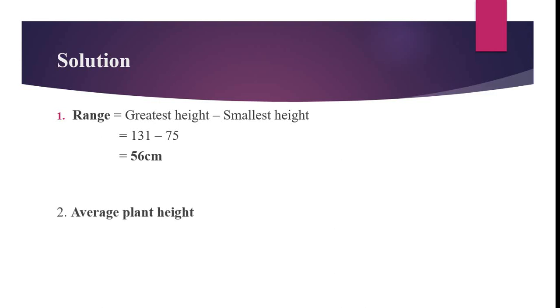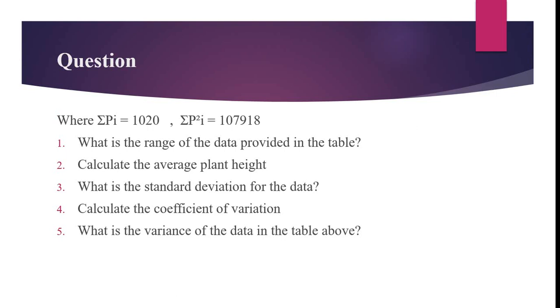Then we move on to calculate the average plant height. As I said earlier, average score is the same as the mean score, so the question could have equally asked you to calculate the mean plant height. To calculate it, we use the sum of the observations and divide it by the total number of observations. The sum is sigma p, which was 1020.